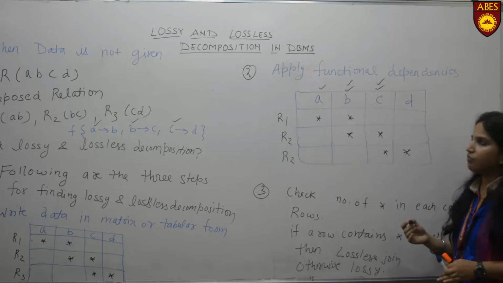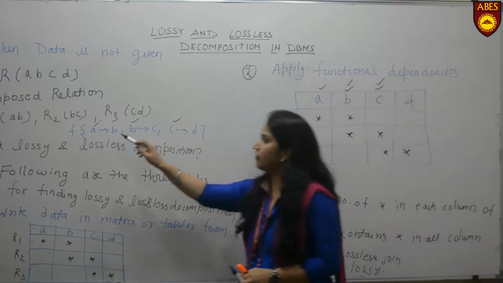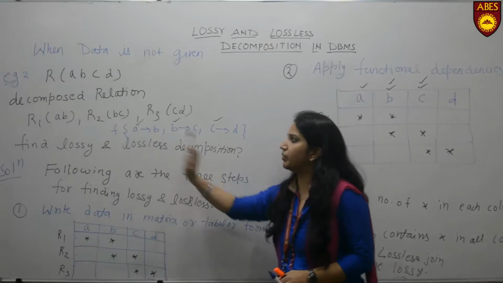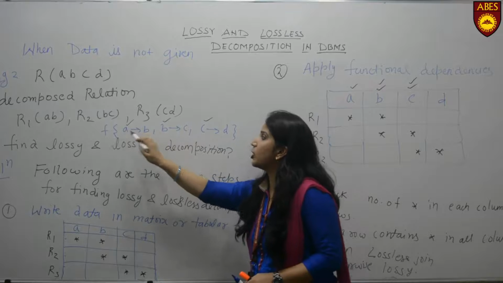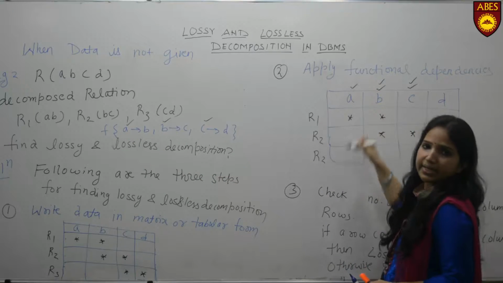How will we apply functional dependency? In the given functional dependencies, A derives B. We should not consider this case, because for A the minimum criterion is not fulfilled.